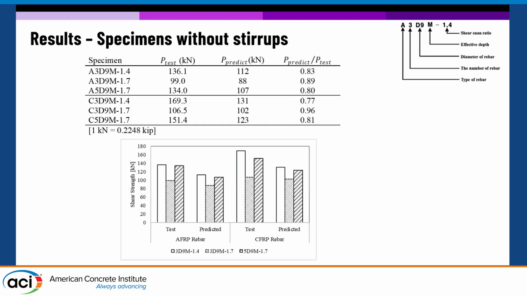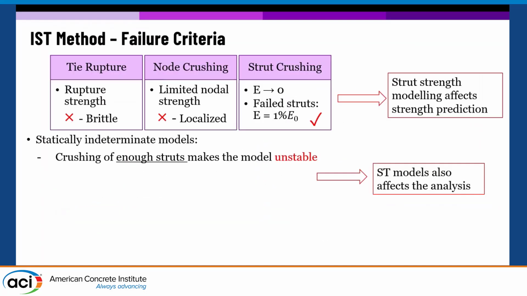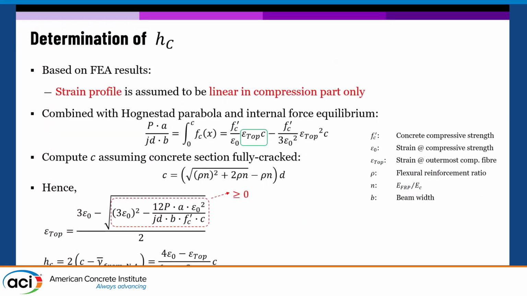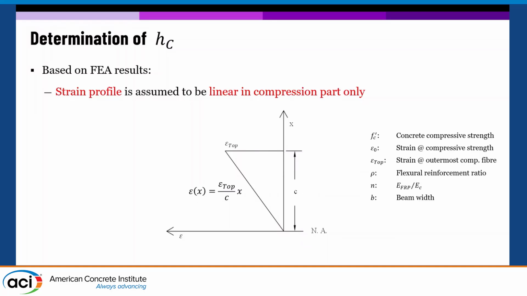Yeah, we did that. There are quite a few assumptions there. Oh, this whole thing, right? And then if you go back, this is the triangular strain distribution in the compression zone, and then you calculate epsilon top and C, and the depth of the compression block, so the resultant of this.